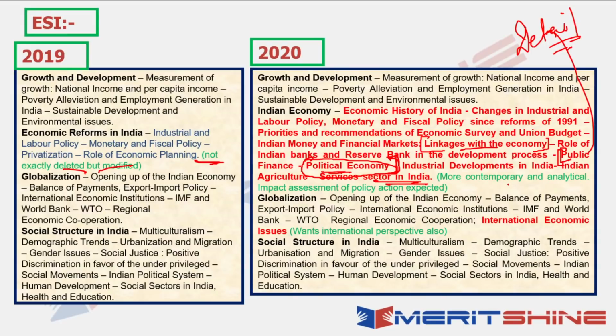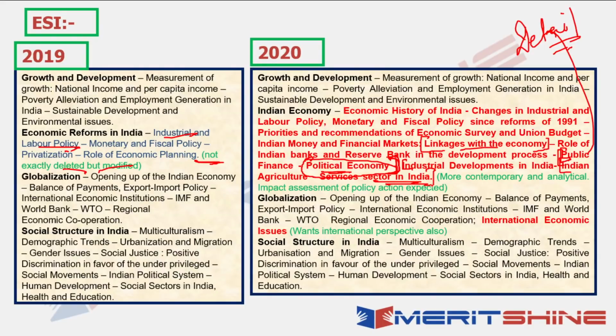More contemporary and analytical impact assessment of policy action is expected from you, and that is why these have been included. If you look at industrial development in India, and industrial and labor policy, would we be doing one without the other? Yes, you can say that the agricultural sector and services sector in detail we did not used to do earlier. Okay, take it. That is something that you might need to do today with more emphasis, no doubt about it.